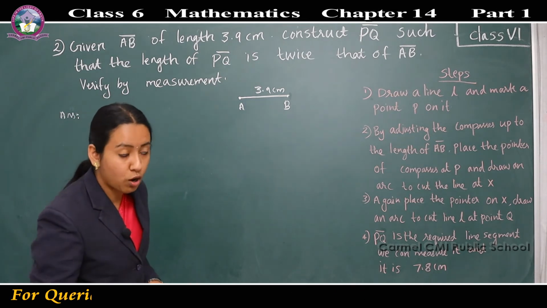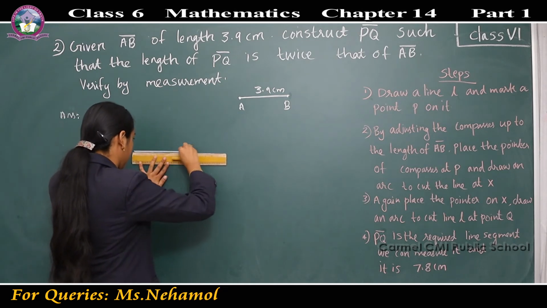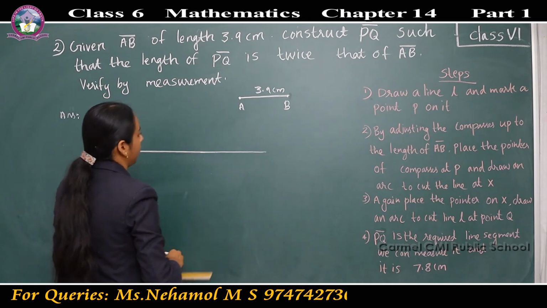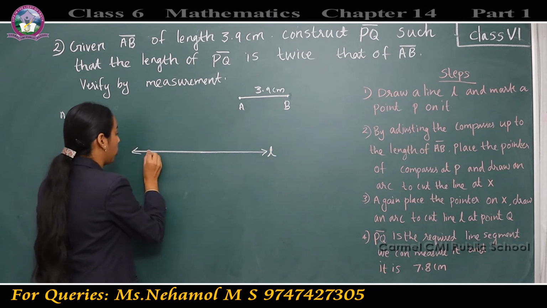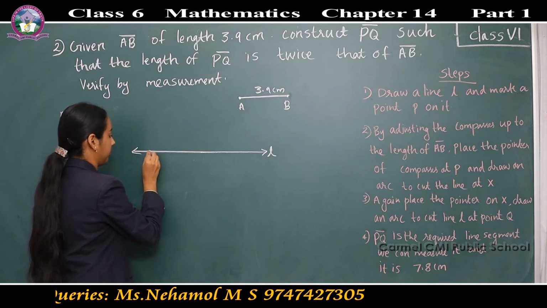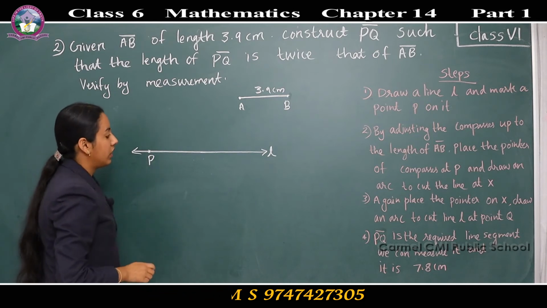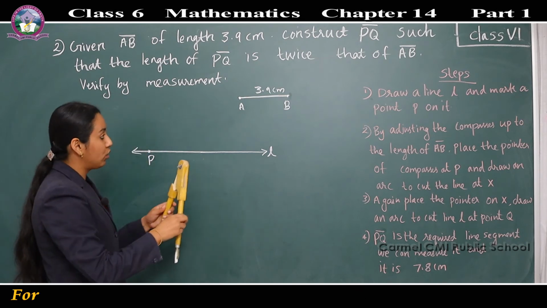First we have to draw a line L and mark a point P on it. Then by adjusting the compass up to the length of AB.